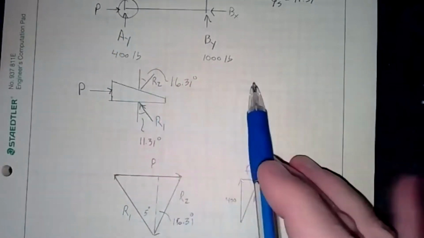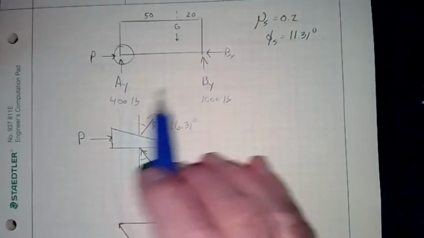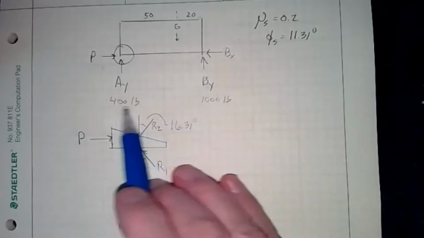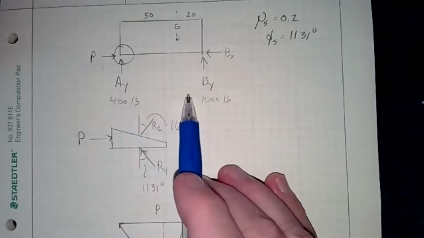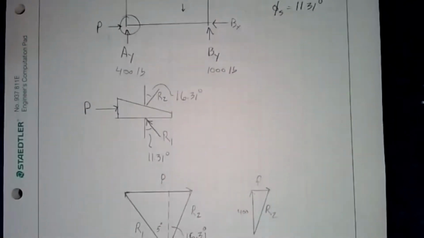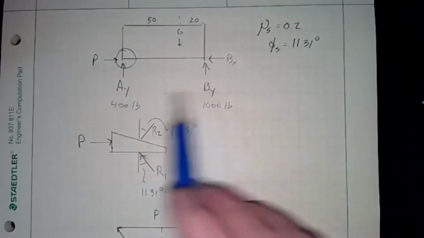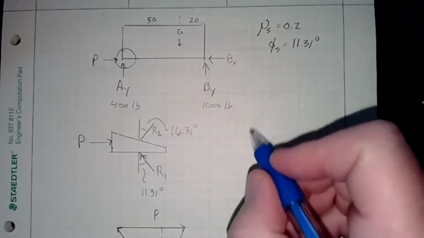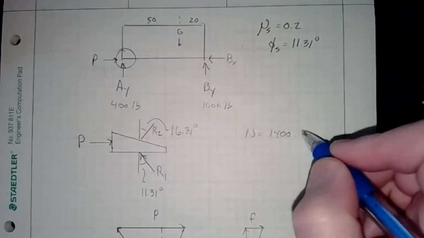All right. So now we have to look at this wheel here that's holding it back. We can't neglect the fact that the whole thing isn't going to want to move. So if we think about the total friction force, what is that going to be? Well, the normal force here is 1,400 pounds.